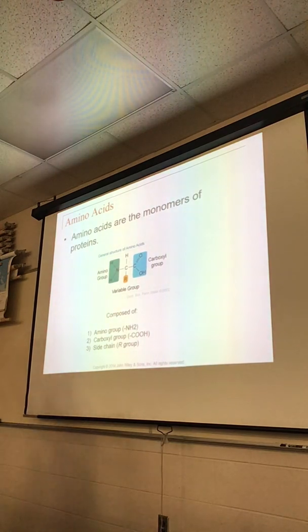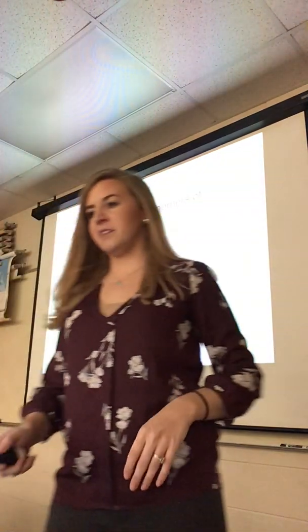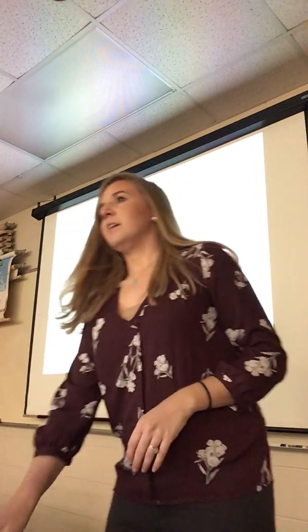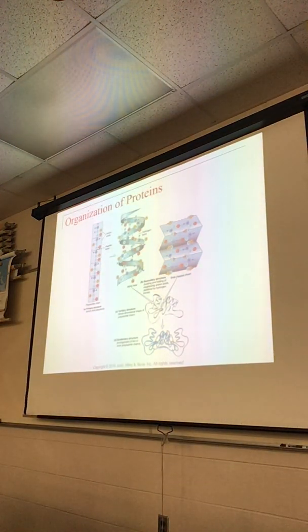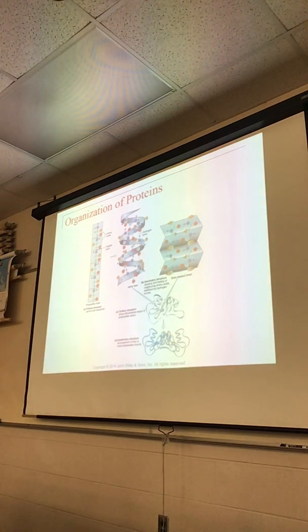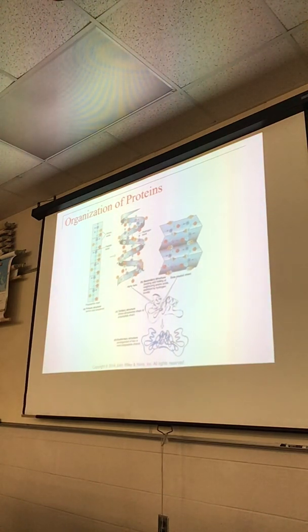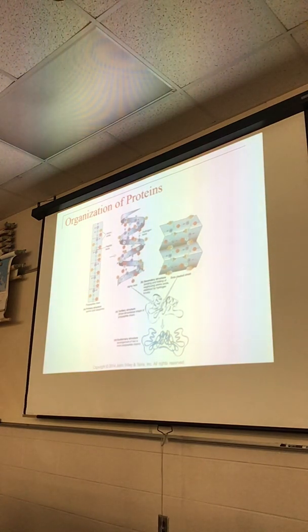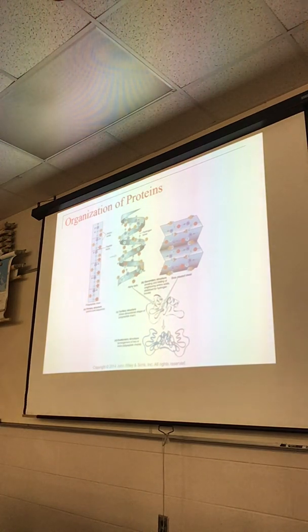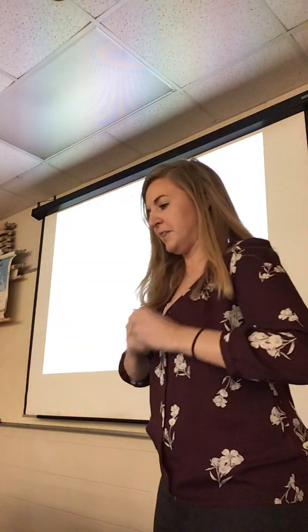So, proteins are more complex than carbohydrates and fats. We don't just simply have a polypeptide and we're done. Couldn't be that simple, right? A polypeptide is a bunch of amino acids joined together by peptide bonds.